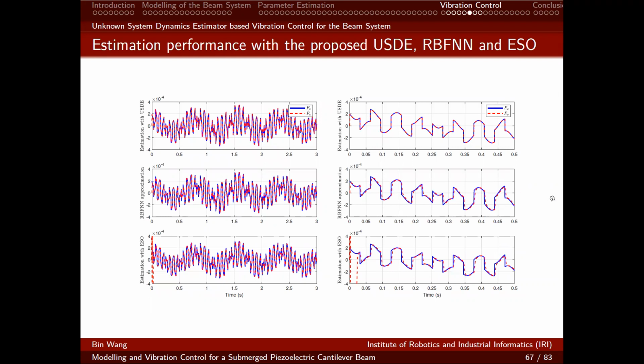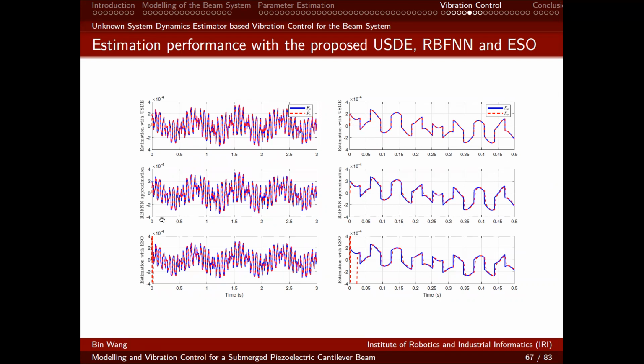We compared the estimation performance of the proposed USDE, the neural network and the ESO. From these two figures, we can see the first line is with the proposed USDE. We can see the unknown dynamics can be estimated accurately within a very short time.